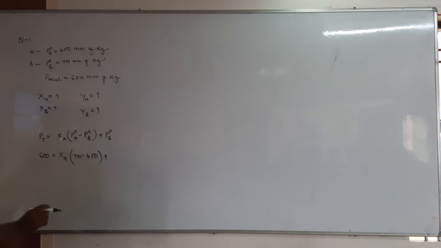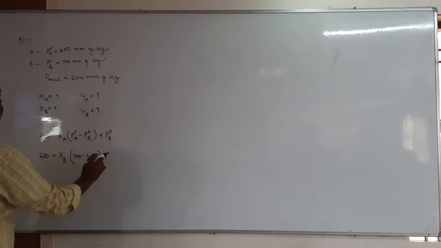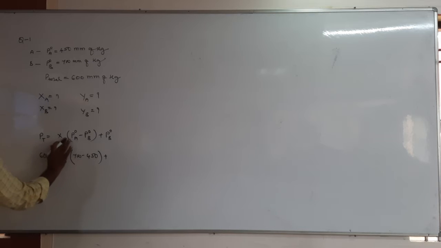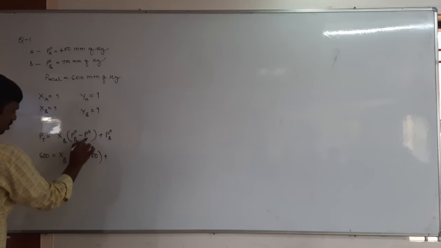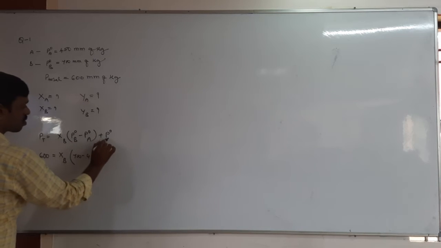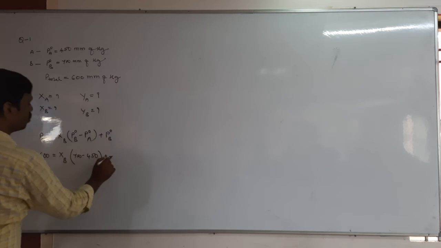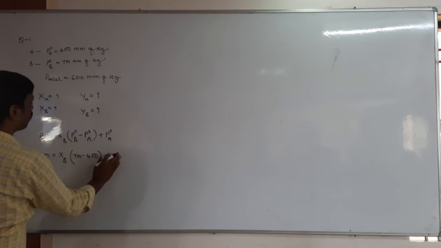Tell me, it becomes XB. Okay, it becomes XB, fine. Then plus P naught B. So P naught B equals, again it changes. XB into (P naught B minus P naught A), plus P naught B, equal to 450, no?